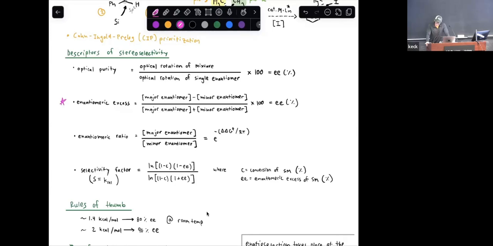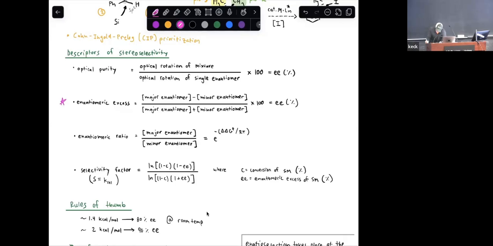earlier times. In the olden days, the best readout for the level of enantioenrichment of an organic compound was optical rotation. It's so-called optical purity.